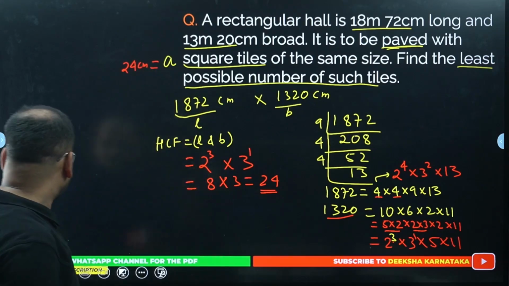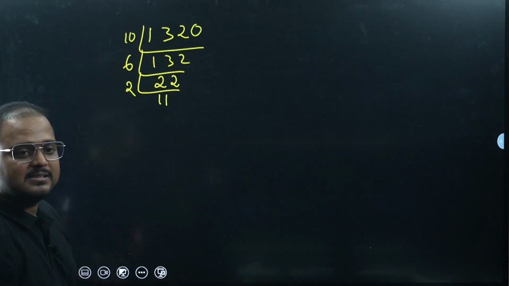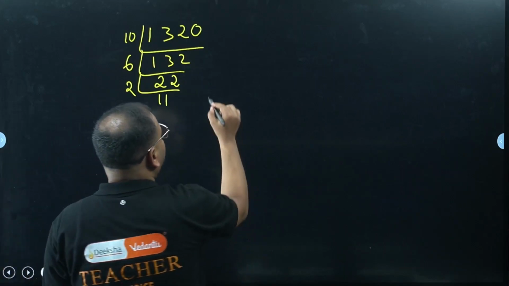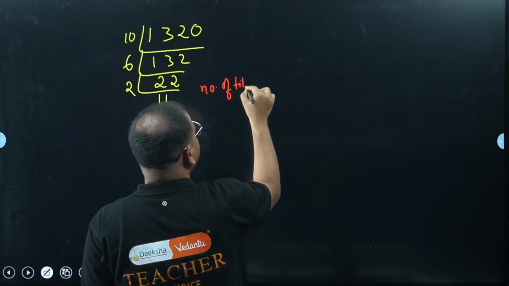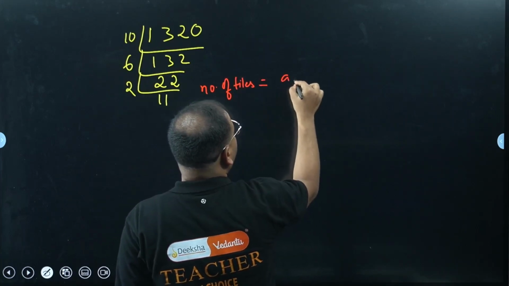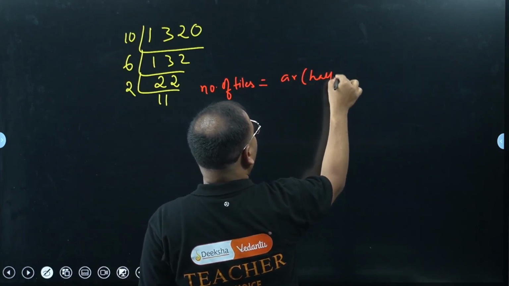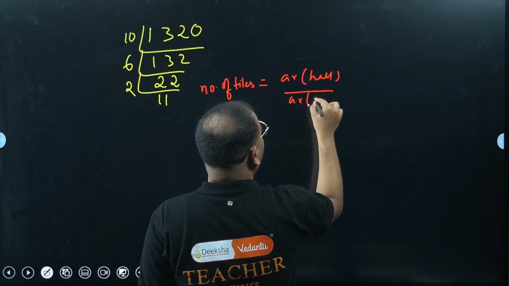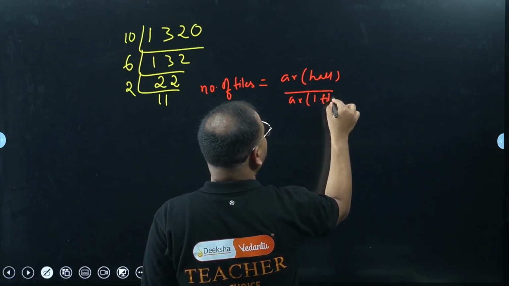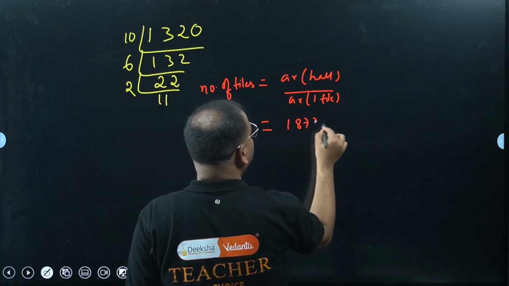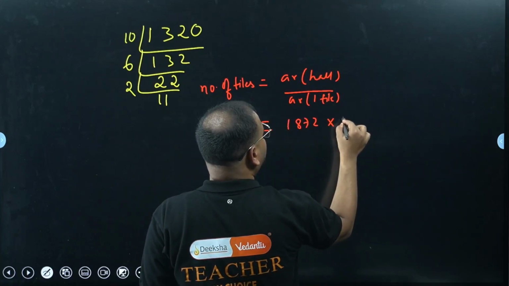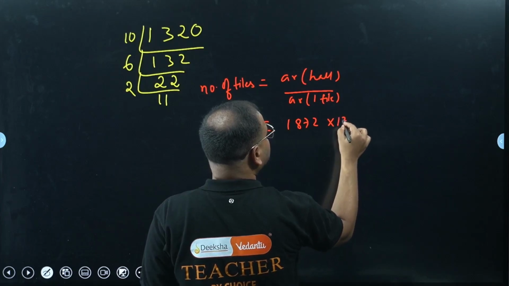Now we'll do the number of tiles. What did we do for the number of tiles? Number of tiles would be equal to the area of the hall upon the area of one tile. What is the area of the hall? 1872 times 1320, I guess.